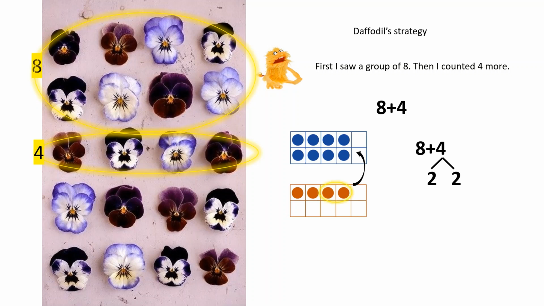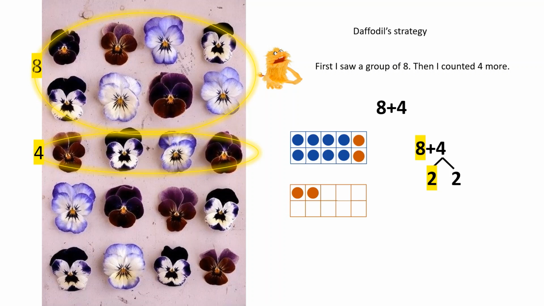Yes, one thing we can do by using a make a 10 strategy is first decompose the 4 into 2 plus 2. Notice how on the 10 frame, we can divide the 4 into 2 groups of 2. What are we going to do with one of the groups of 2? We can add the group of 2 up to the first 10 frame. Add it to the 8.